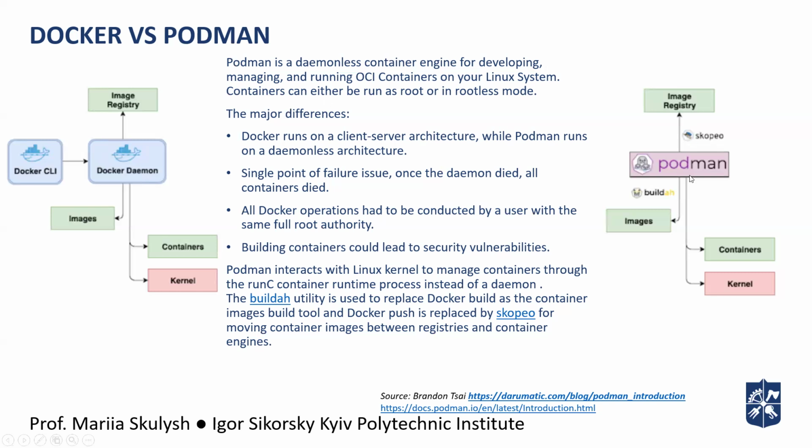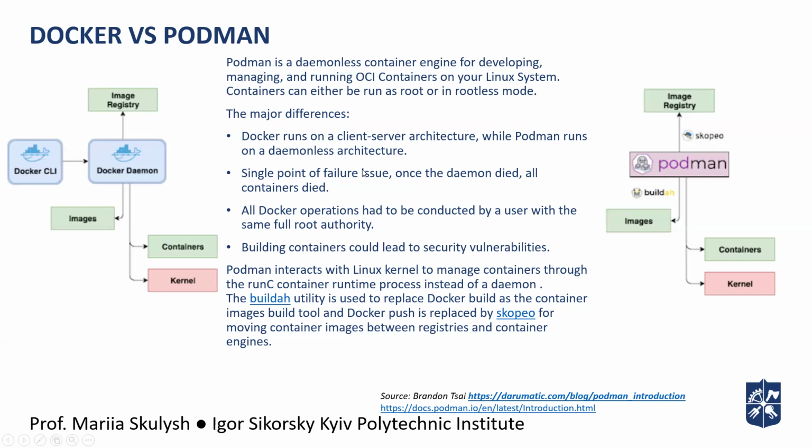Also, we can talk about such differences. Docker runs on a client-server architecture. Podman is daemonless. Client-server means that we have a client and we have servers such as the Docker daemon. Podman works with a daemonless architecture.